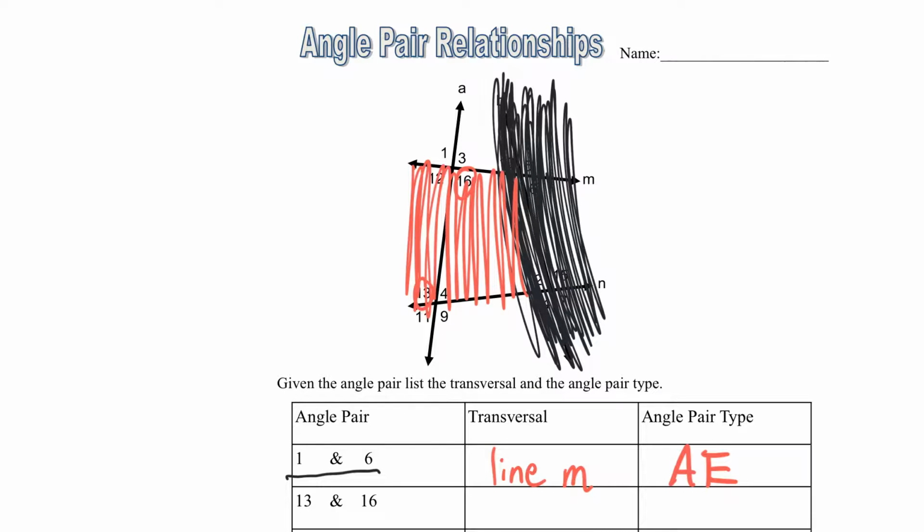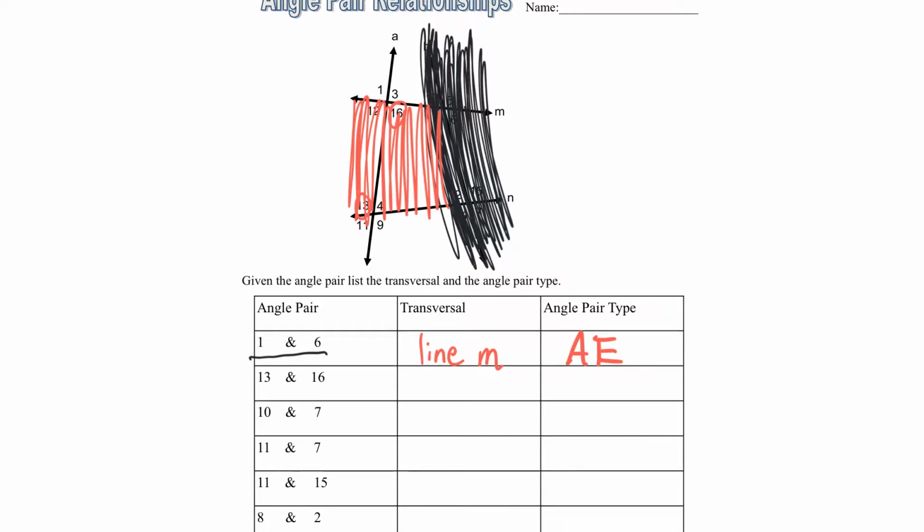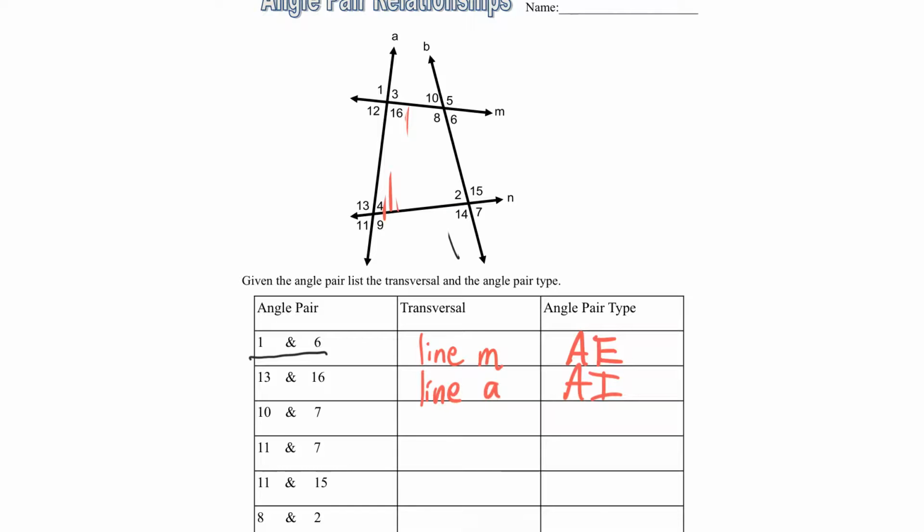Opposite. 13's on the left, 16's on the right. So they're on opposite side interior. So what do we call those? Alternate interior. And which line, A, M, or N, hits both of those angles? Is line A. Okay, good? All right, get rid of all that.